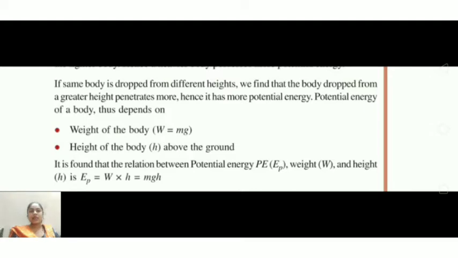Hence, it has more potential energy. Potential energy of a body thus depends on the weight of the body, that is W equal to mg, and the height h of the body above the ground. The relation between potential energy, weight and height is found to be mgh.